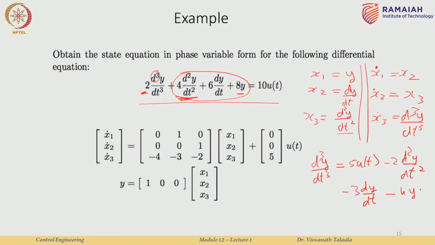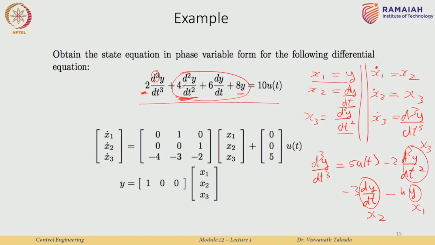And what we do now is to replace each of these y's or the dy by dt with the appropriate state. So we know that y, as we have defined here, is x1, dy by dt is nothing but x2, and d square y by dt square is x3.